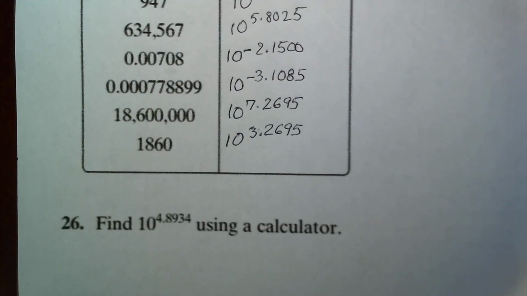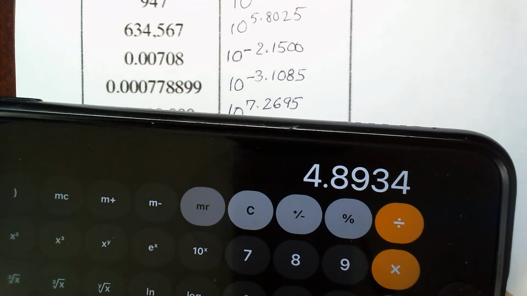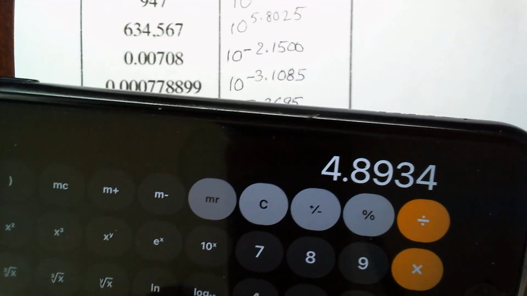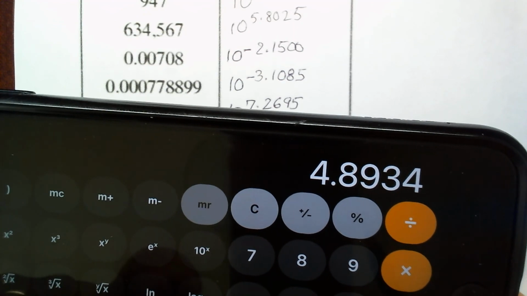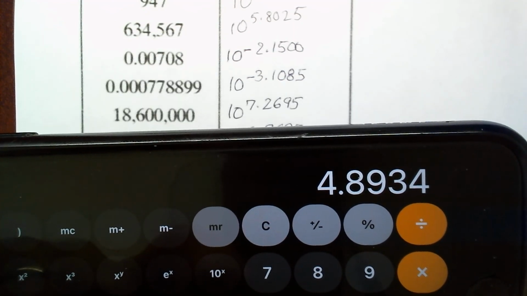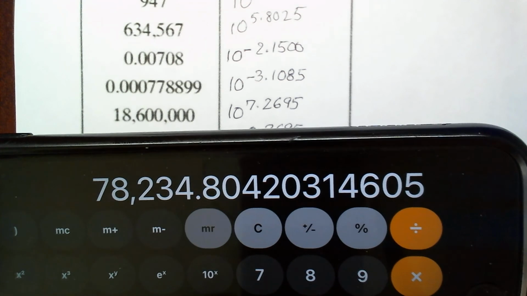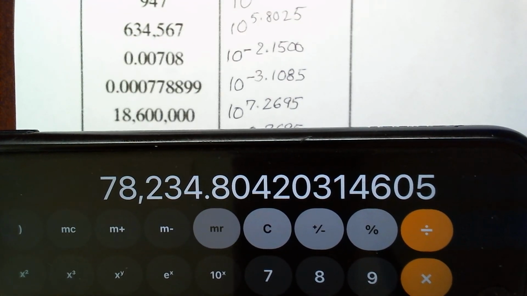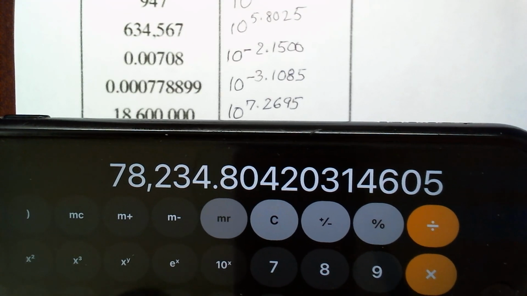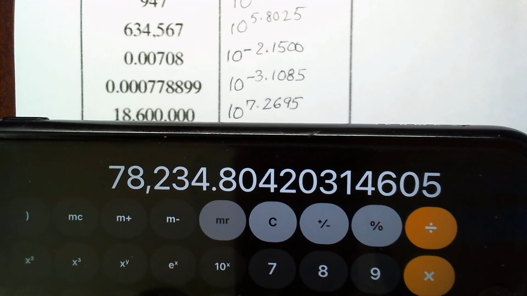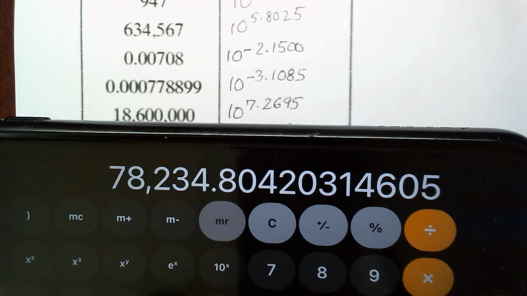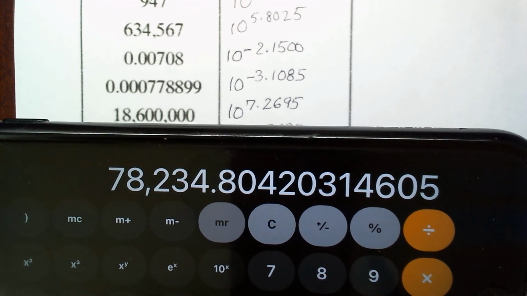For exercise number 26, we input 4.8934, and then we use the 10 to the x power key, and that gives us 234.8042 to 4 decimal places.